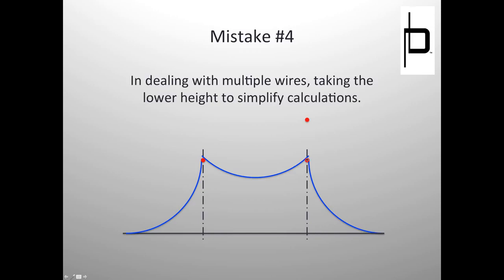But I would probably keep the taller wire height. It would be wrong of me to do the math assuming the wire heights are the same, at least without checking this distance. As long as this distance is less than the diameter of the sphere, I know the sphere's not going to fit in there. So I would just check that this distance isn't greater than the diameter of the sphere before assuming a lower height.